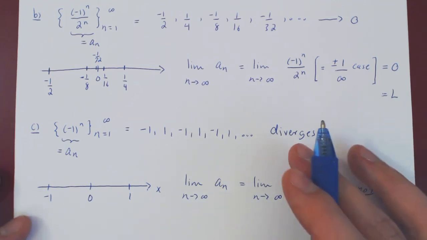Let's now look at our last example. And if you recall, this was the sequence given by the root of n over the ln of n.